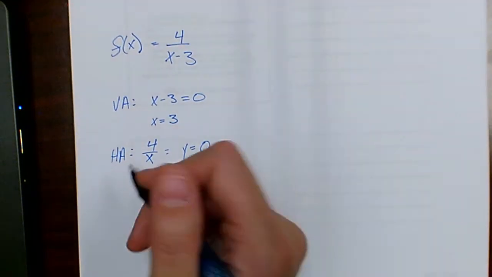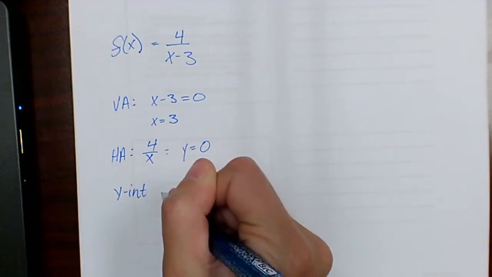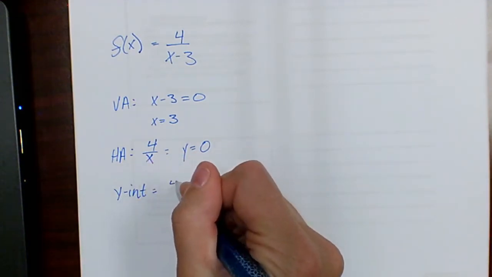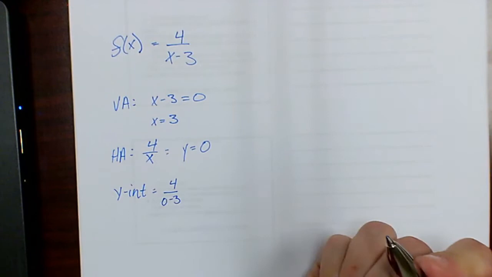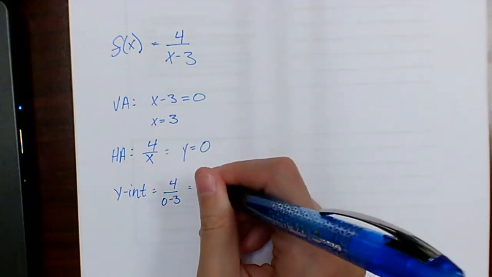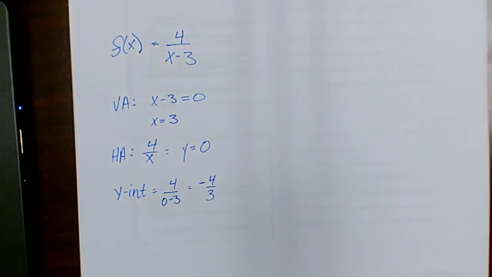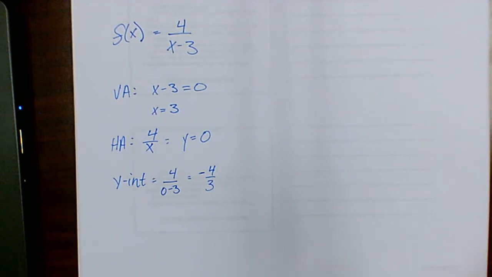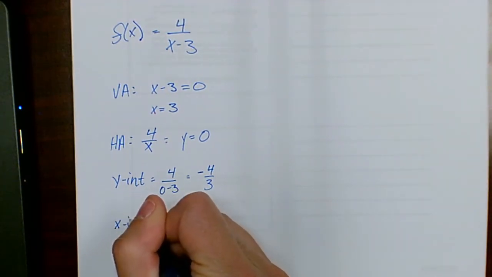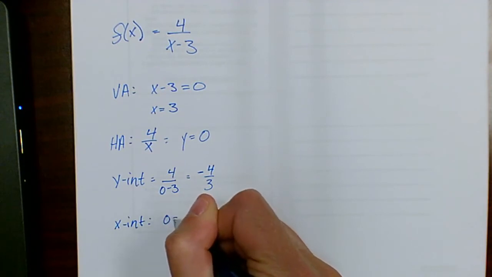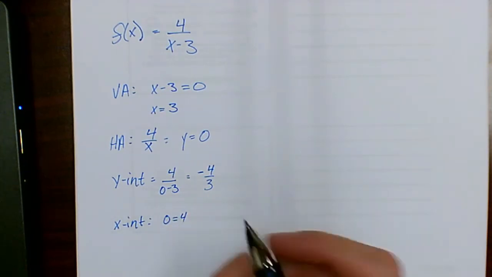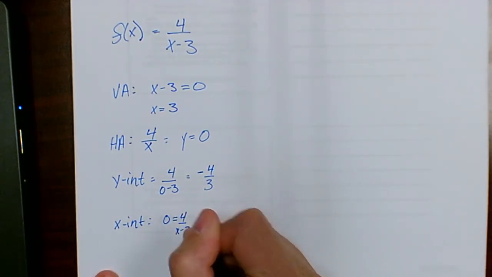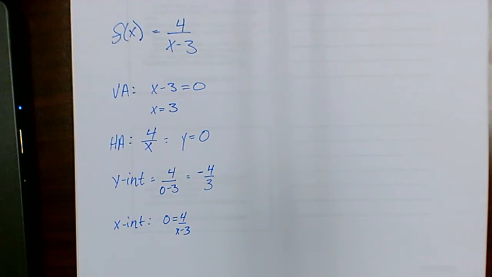Then we need the y-intercept. The y-intercept is when you plug 0 in for x, and we get -4/3. Now, I don't like graphing fractions, but in this case, I lighten up a little bit because we are sketching. And then our x-intercept, you more or less set your function equal to 0.